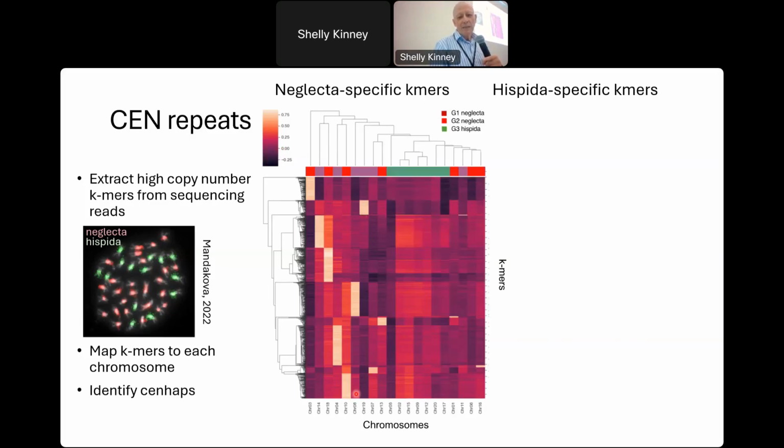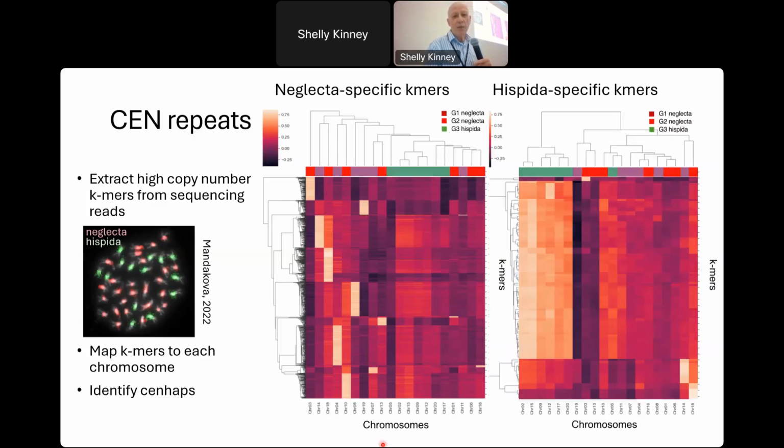And I'm going to skip through some of the detail here, but if you do it for Hispida, you don't find any synapse. That is, each centromere of Hispida, shown here in green, when you use the Hispida k-mers, hardly shows any differentiation, which tells you that these repeats are much younger.